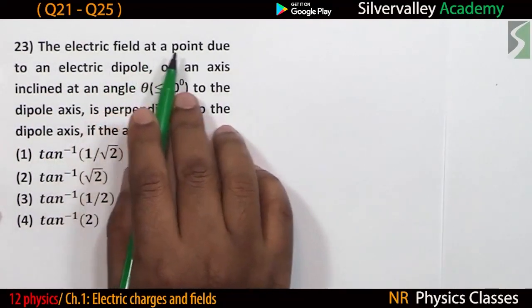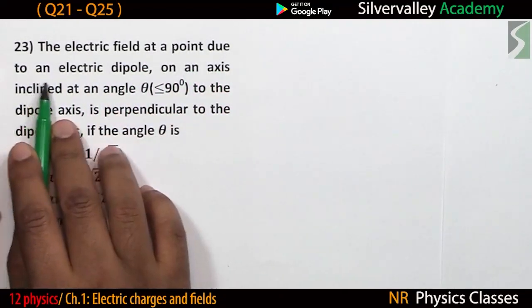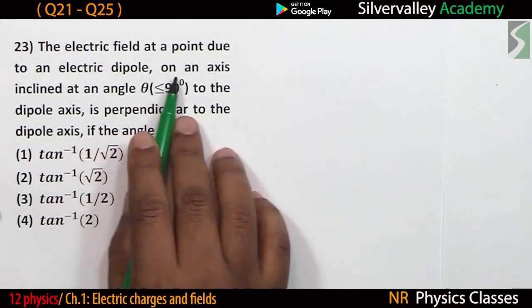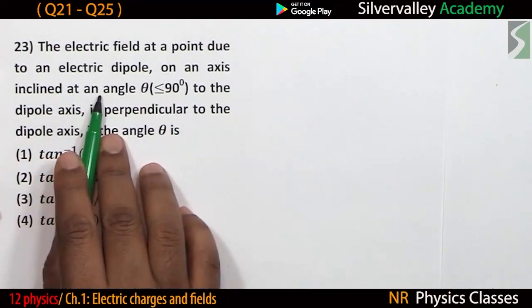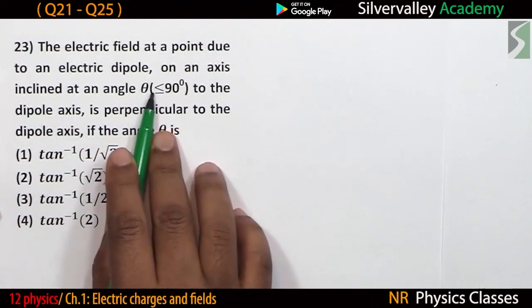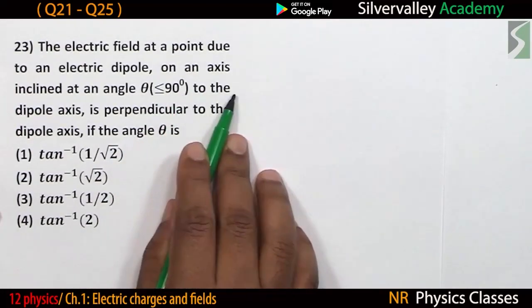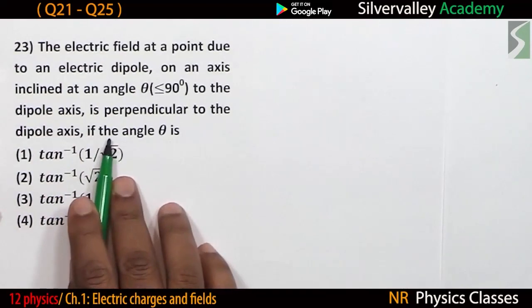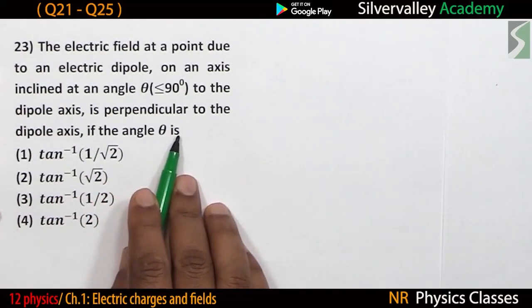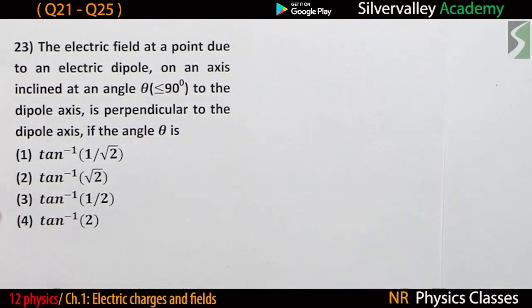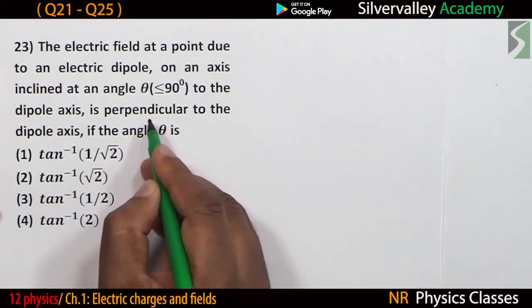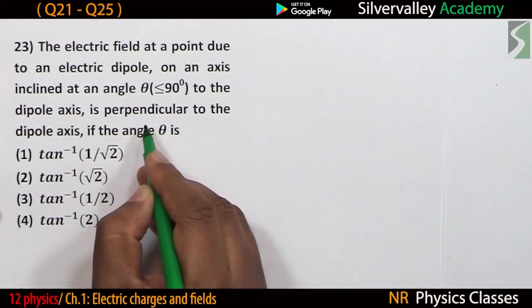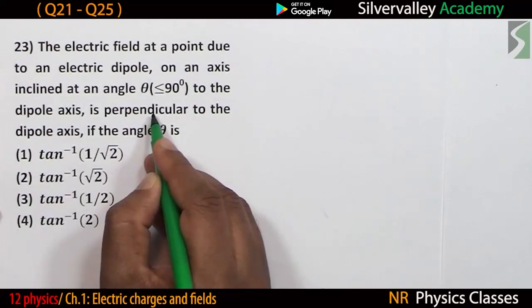The electric field at a point due to an electric dipole on an axis inclined to an angle theta, which is less than or equal to 90 degrees, to the dipole axis is perpendicular to the dipole axis. If the angle theta is... This is related to electric field due to electric dipole.